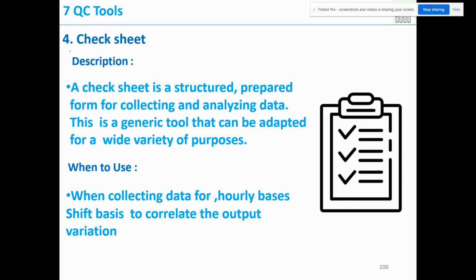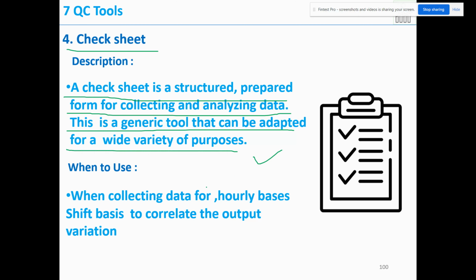Next, check sheet. A check sheet is nothing but we are going to tick it and say whether things are there or whether the particular activities happened or not. A check sheet is a structured, prepared form for collecting and analyzing data. This is a generic tool that can be adapted for a wide variety of purposes.